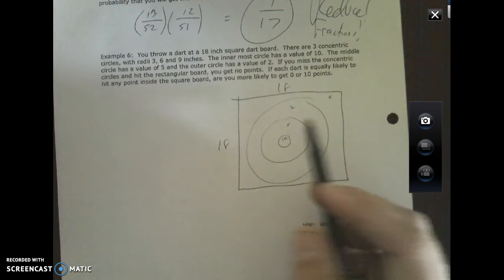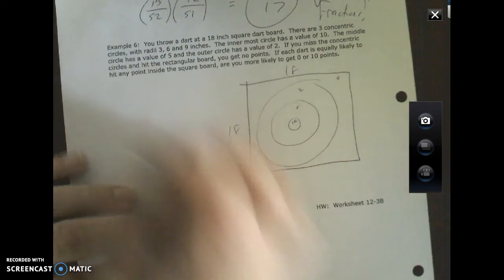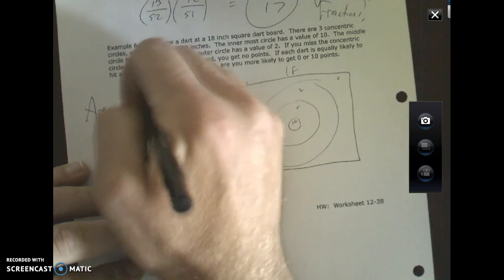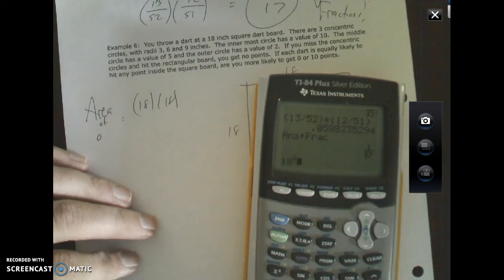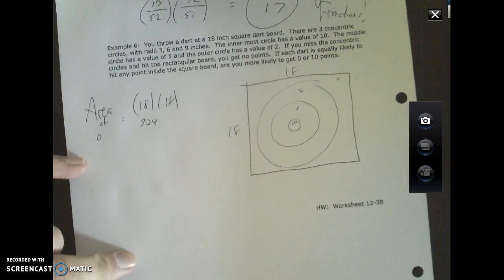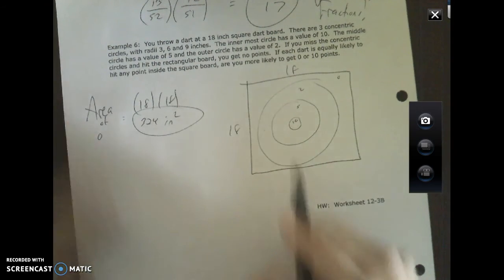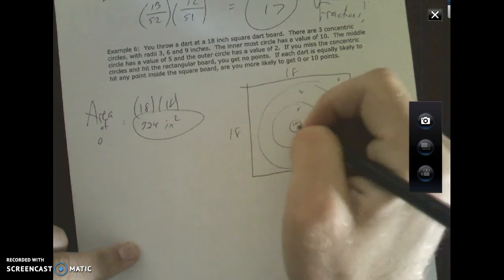Okay, so here's what we're doing. I'm looking at the area of my 0 points. So the area of 0 points is 18 times 18. Okay, so 18 squared gives me 324. What are we talking about, inches here? Inches squared. Okay. The innermost circle is a radius of what? 3.